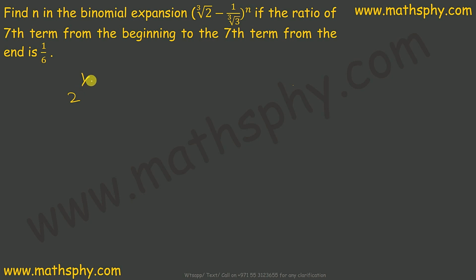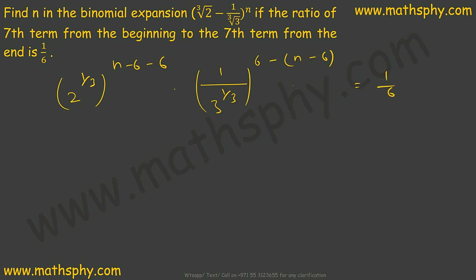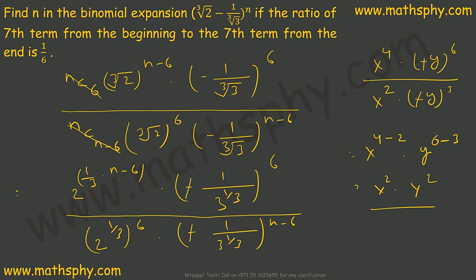2 raised to 1 over 3, n minus 6, into 1 over 3 raised to 1 over 3, 6 minus (n minus 6), equals 1 over 6. This ratio is equal to 1 over 6.